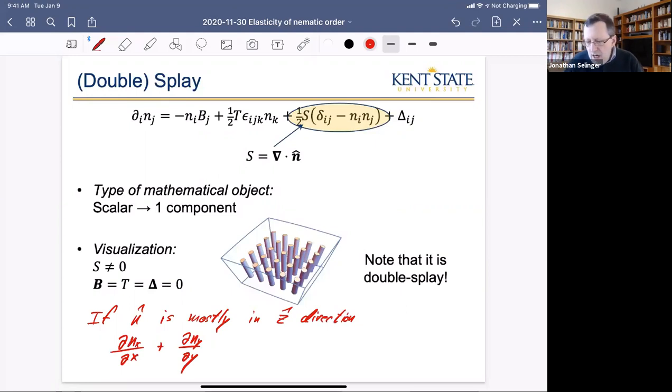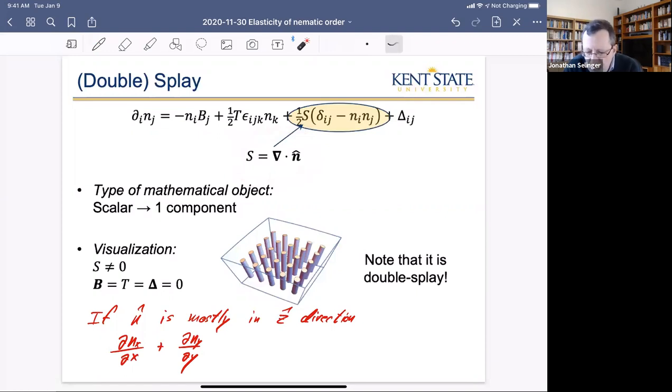So it shows how much is the director going outwards in x as a function of x, plus how much is it going outwards in y as a function of y. If the director is in any arbitrary direction, then the expression just looks like that. Okay? Then the expression for splay is just the divergence of n.